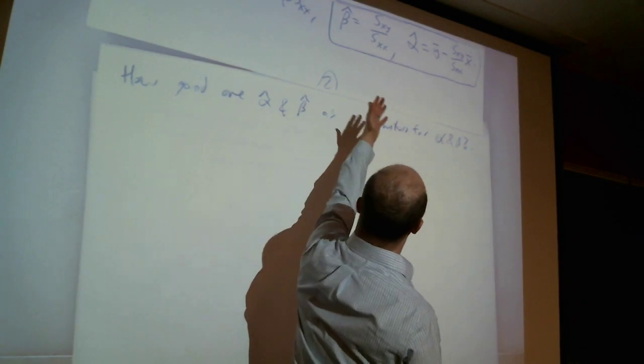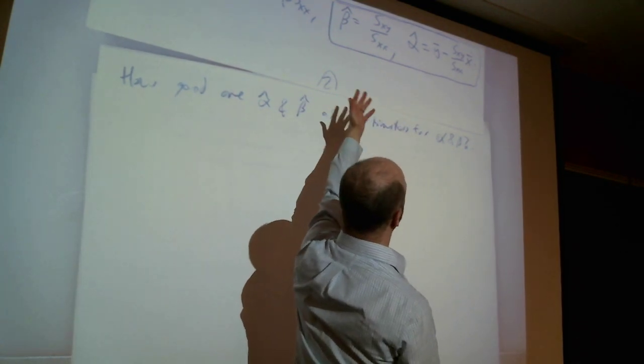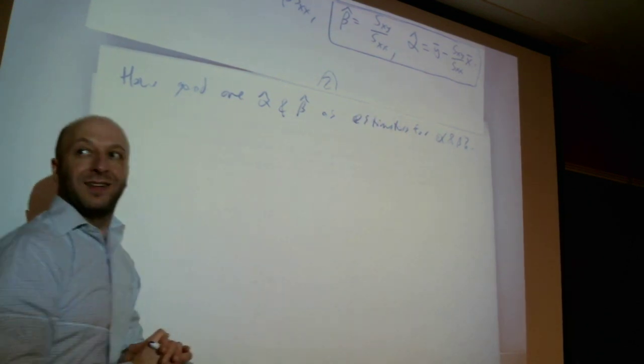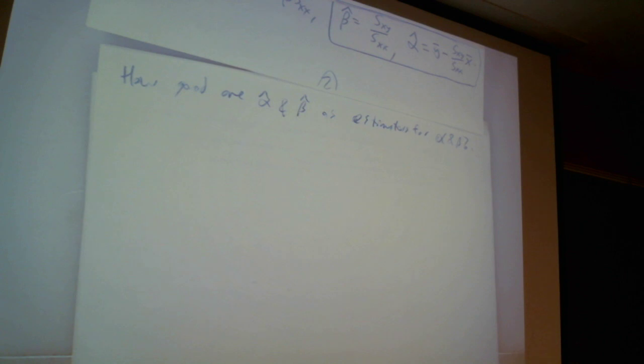Well, if I don't know anything about the distribution of x and y, I basically have no chance of saying something about how much these numbers fluctuate in general terms. So let's take it one step further.